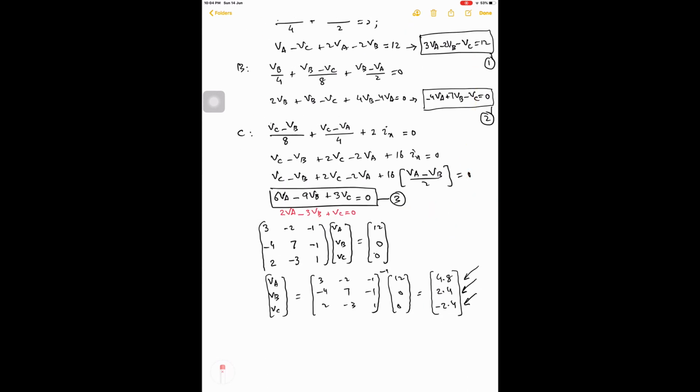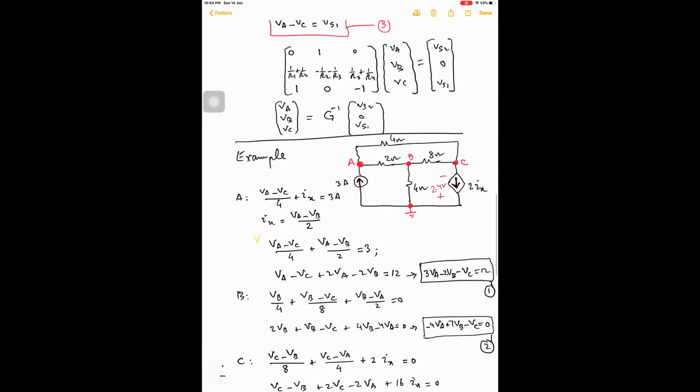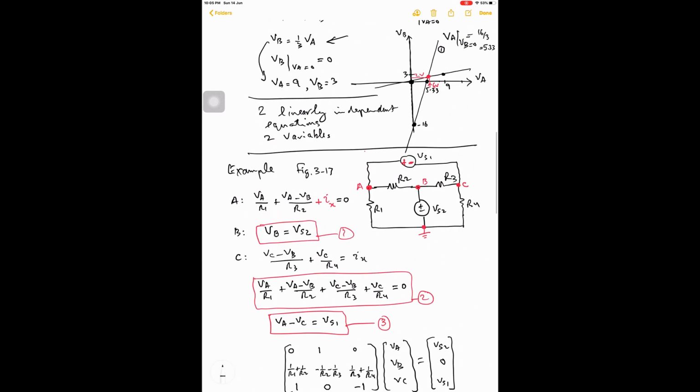So now, students, we have discussed a few examples with current sources, voltage sources, all independent voltage sources and current sources, and with the circuits with dependent voltage and current sources as well. We have also discussed a circuit over here. Look at this circuit.